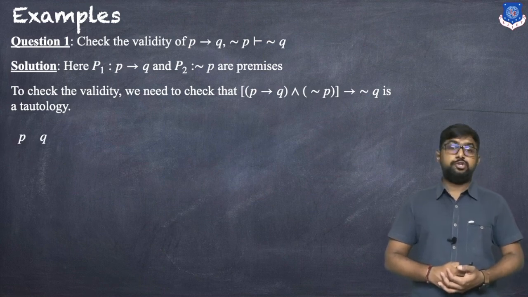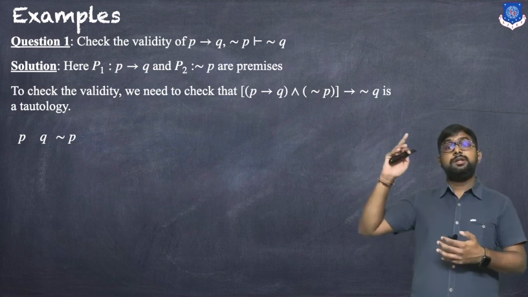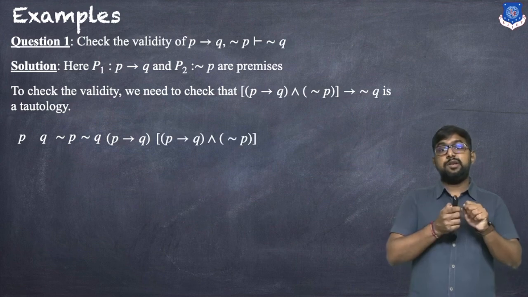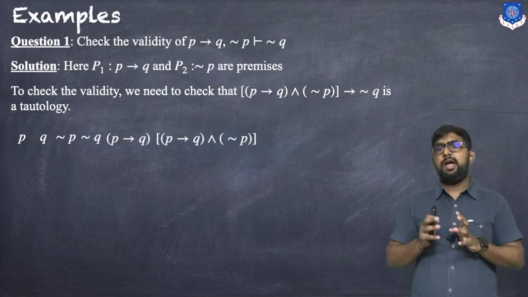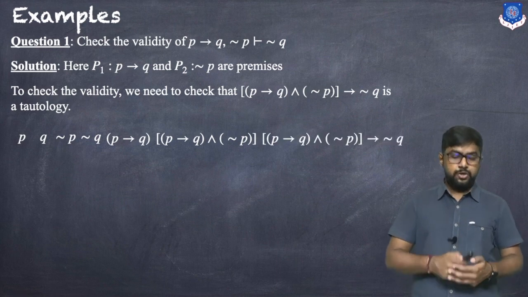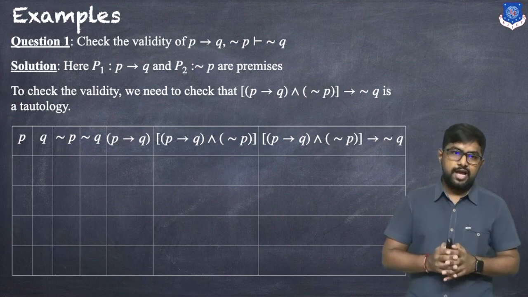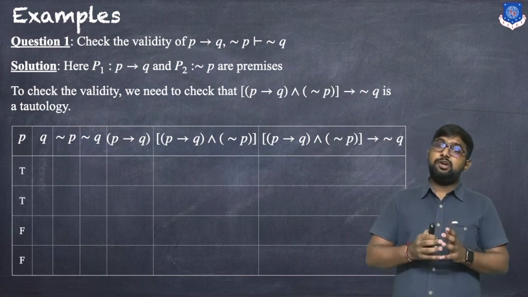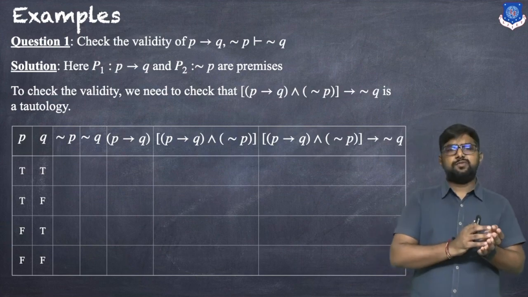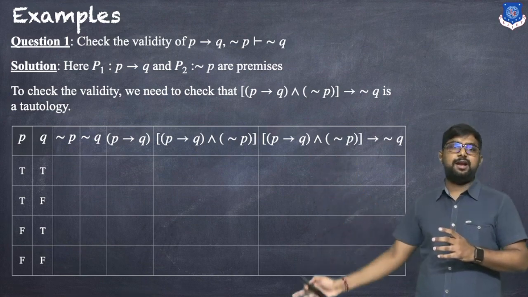In the truth table, there will be P, Q, not P, not Q, P implies Q, P implies Q and not P, and the final statement. Here we have two statements, so we will have four possibilities: TT, TF, FT, and FF.